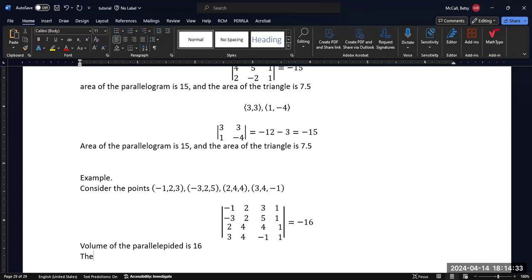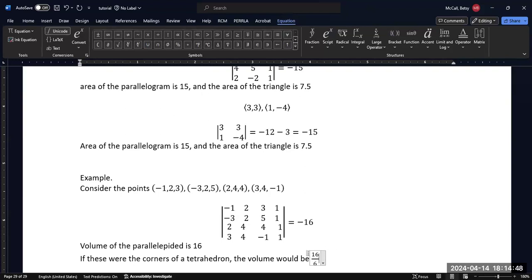And if these were the corners of a tetrahedron, the volume would be 16 over 6 or 8 over 3.